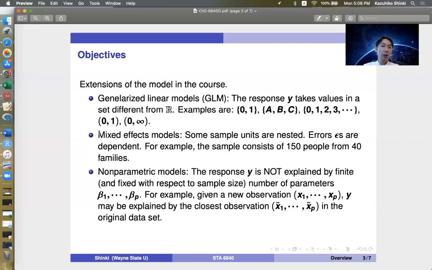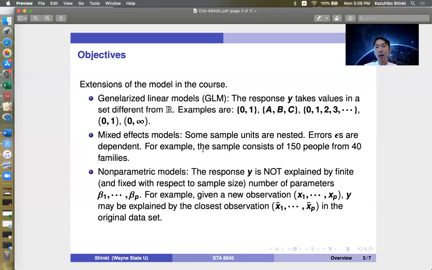Okay, so the second topic is mixed effects models. This is also an important topic in this course. The point is that some sample units are nested, so the errors, epsilons, are dependent. For example, the sample consists of 150 people from 40 families.